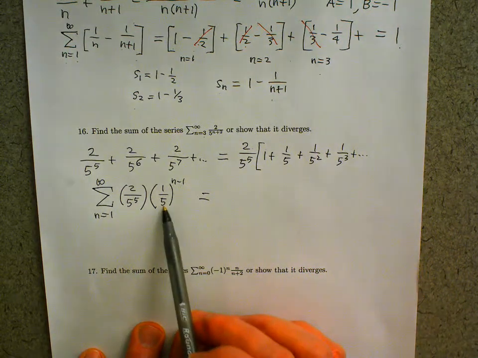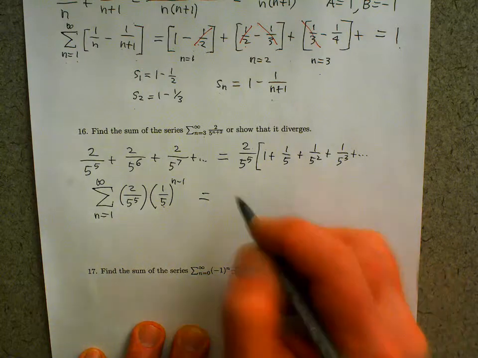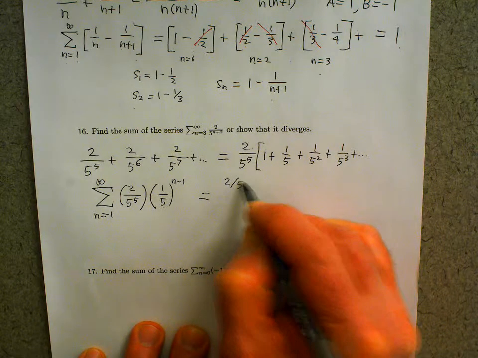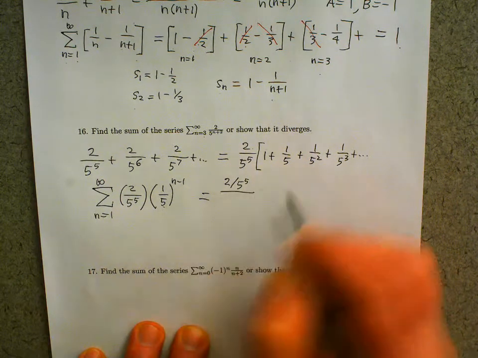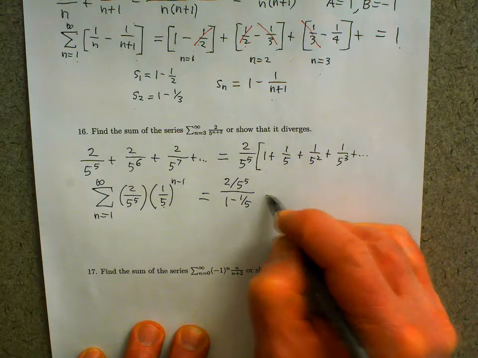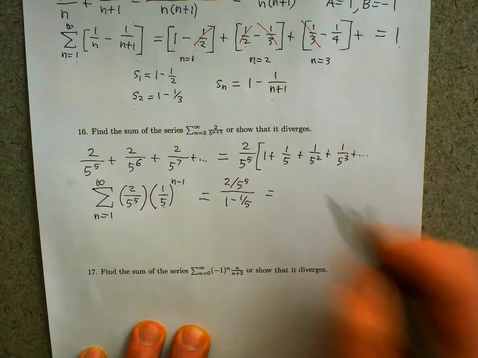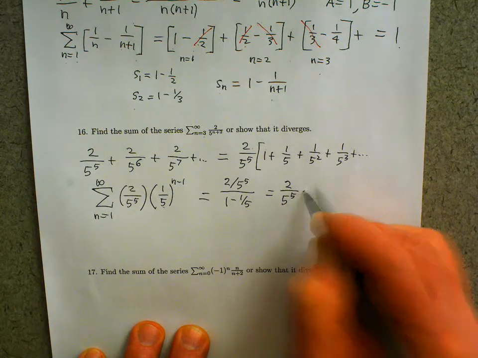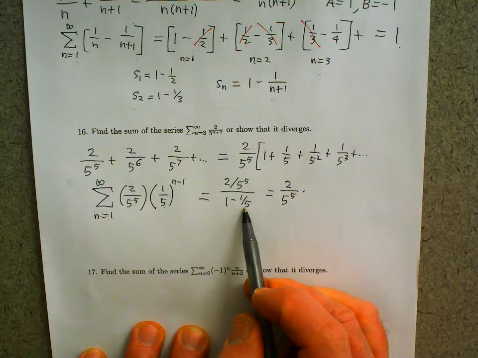And then use the geometric series formula. Since the common ratio is between -1 and 1, it converges to 2 over 5 to the 5th in the numerator divided by 1 minus 1/5. So 2 over 5 to the 5th, 1 minus 1/5 is 4/5.